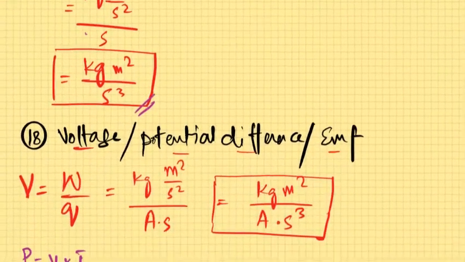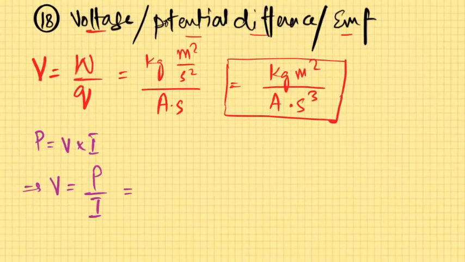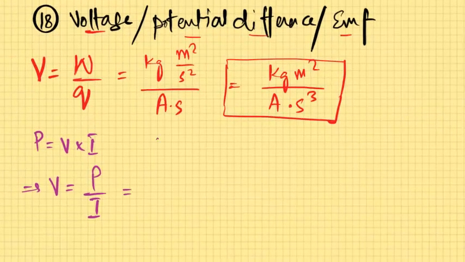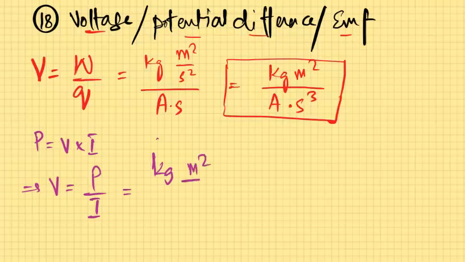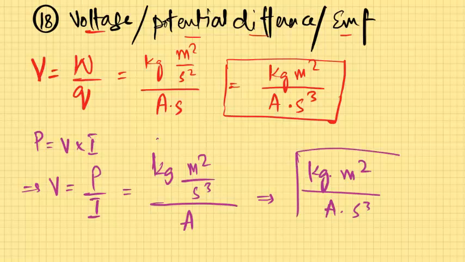So if I use that as the SI base unit of power, and current as ampere, then again I will end up with the same SI base unit, which is kilogram meter square per ampere per second power 3.